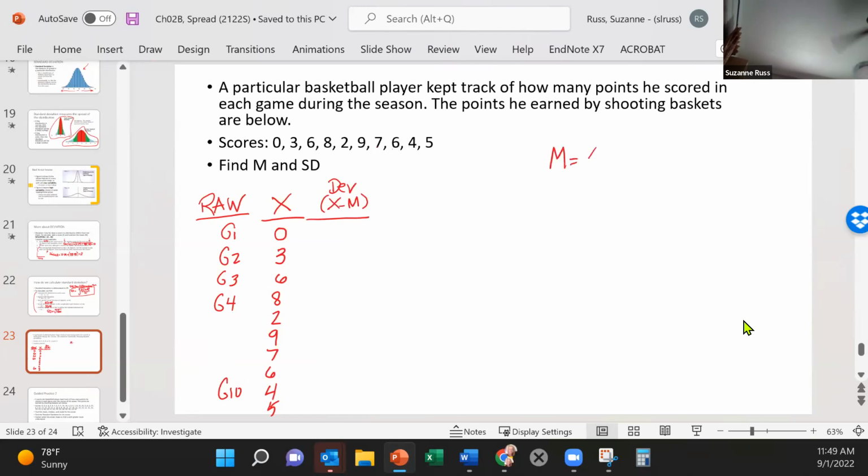M is the sum of all the scores divided by N. And so M equals the sum of all of these values. So I'm going to add them up. 5 and 4 is 9, and 6 is 15, and 7 is 22, and 9 is 31, 33, 41, 47, 50.